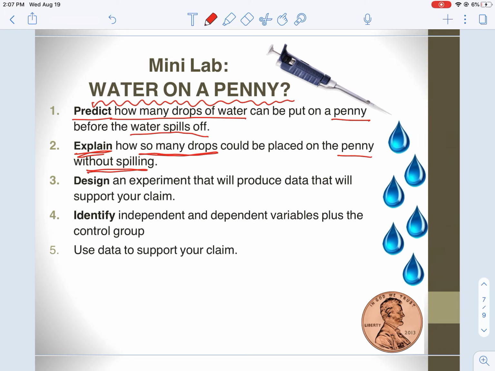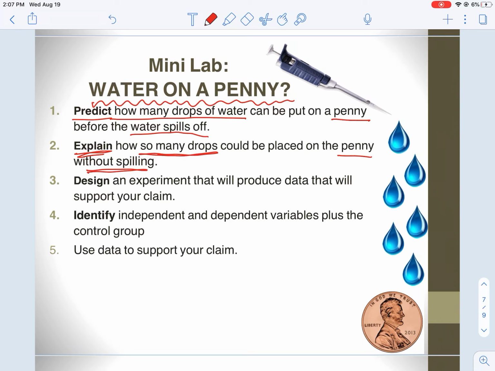So it could look something like: the water will adhere to the penny, and due to its cohesive nature, it will have a surface tension allowing many drops to remain on top before spilling over. Something like that. Do not use my exact sentence, but something like that.